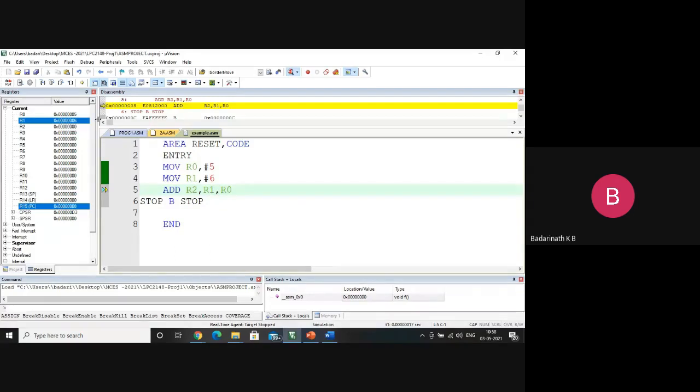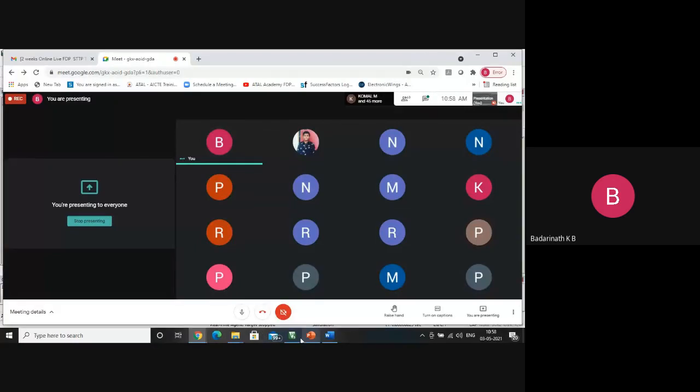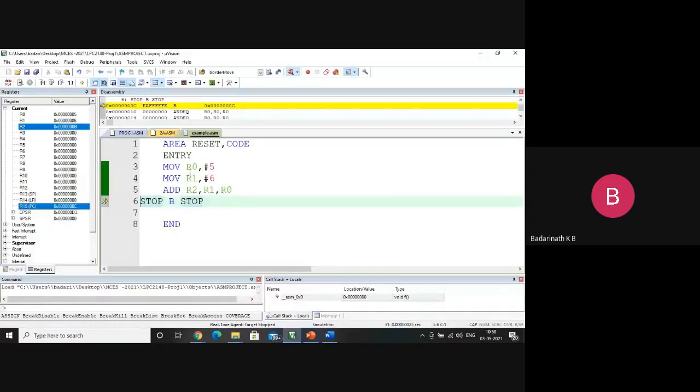The answer is 11, which is stored in hexadecimal, that is B, in the R2 register once I finish this. So you got a B. Now I have executed the program successfully and got the answer in the R2 register. So what is the answer? B is the answer.